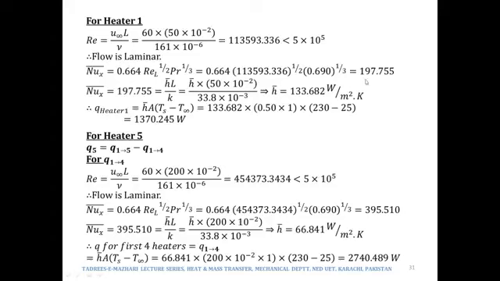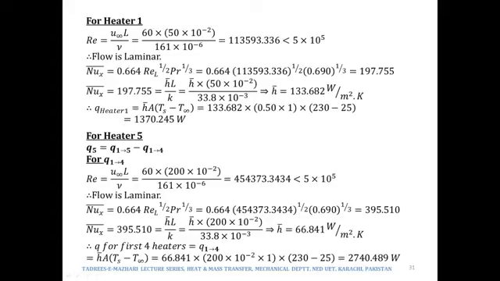So we get the average Nusselt number over the first heater as 197.7, and upon equating it to H L over K, where H would be H bar, meaning average H over the first heater, we get 133 watts per meter square Kelvin, and therefore we get the Q from heater 1 as 1370 watts.